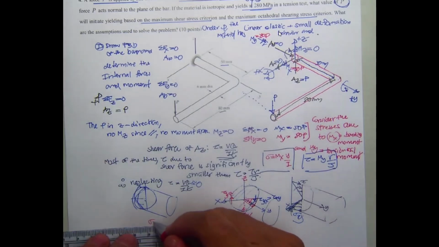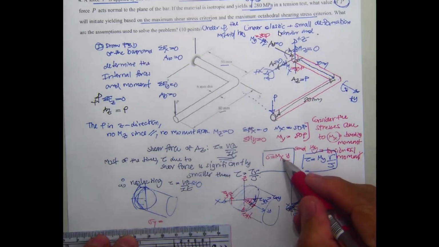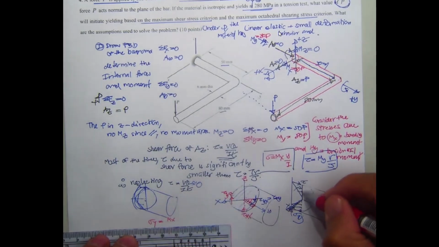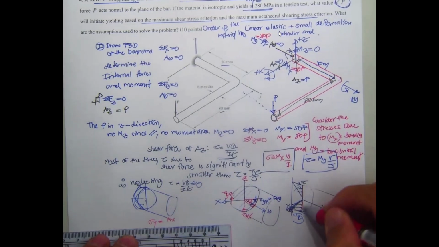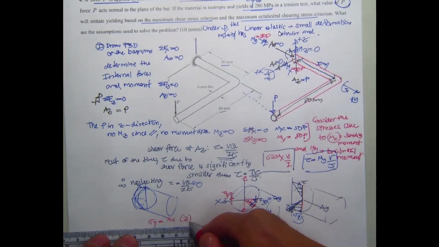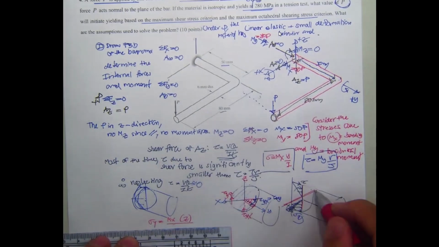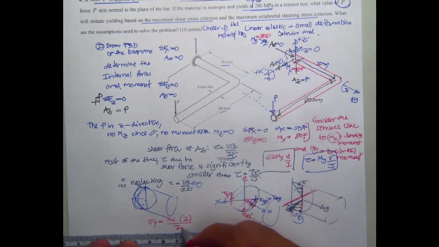So sigma sub y equal to the moment M sub X, measured up or down, that's going to be c, divided by the moment of inertia I sub x. Then this is pretty tough.